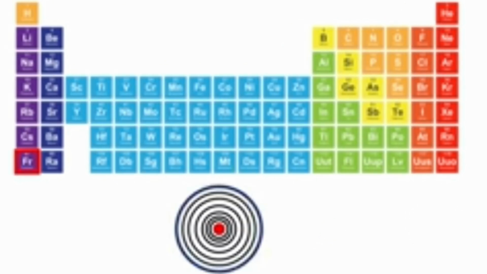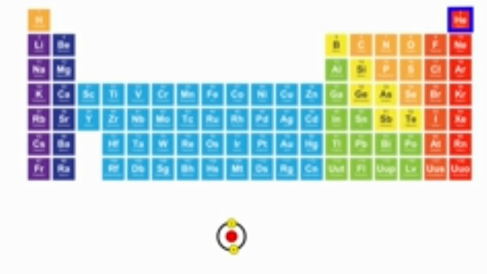Losing the electron means this shell is gone and the one below is completely filled. So elements in group 1 easily lose one electron.